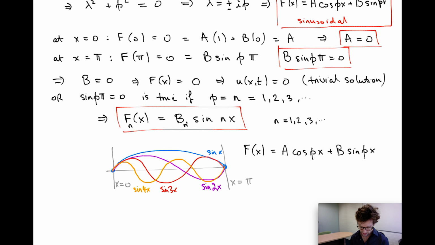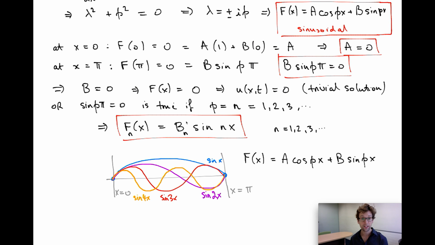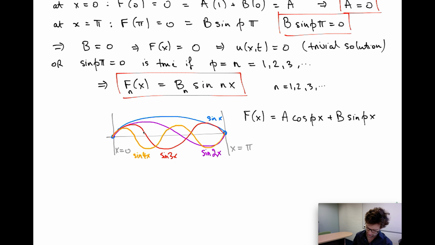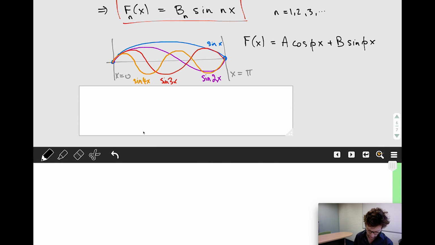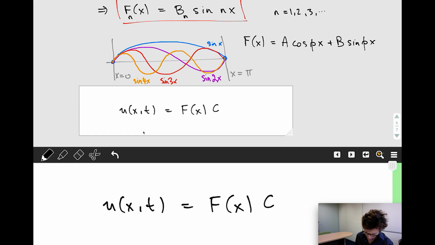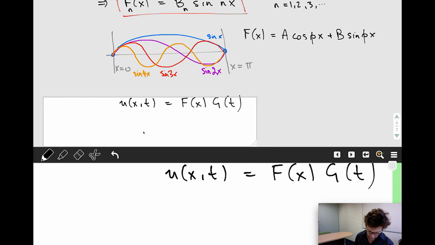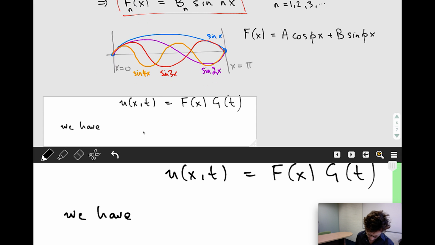So that is now the solution for the spatial part, the x-dependent part of my partial differential equation. Remembering that the full solution is actually going to be the product of f of x and g of t, and we have found infinitely many solutions for f of x.